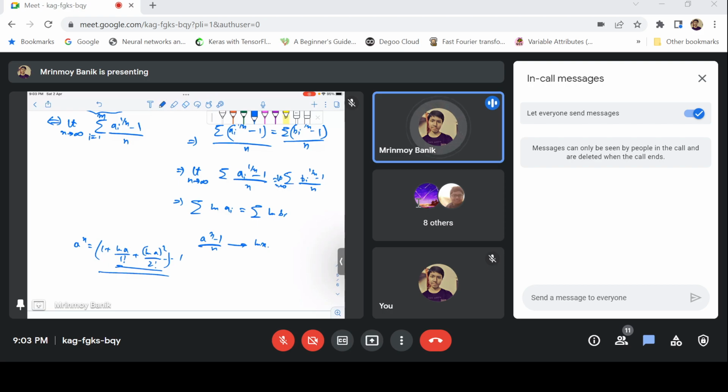Yeah, I'm missing the x. So a power x has an expansion of 1 plus x ln a by 1 factorial plus x squared ln a squared by 2 factorial plus dot dot. Right.